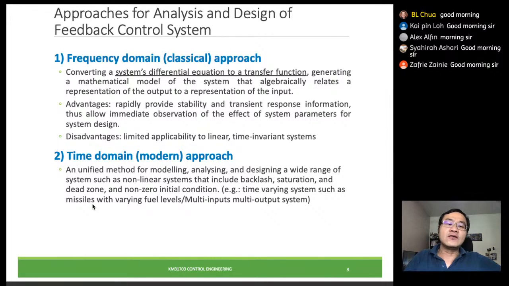Our focus in this course will be mainly on the frequency domain, which is about converting the differential equations into transfer functions, and we try to model and analyze the system using these transfer functions. Therefore, it is very important for us to be able to simplify the block diagrams.